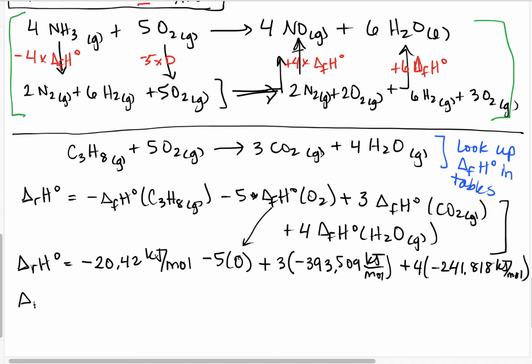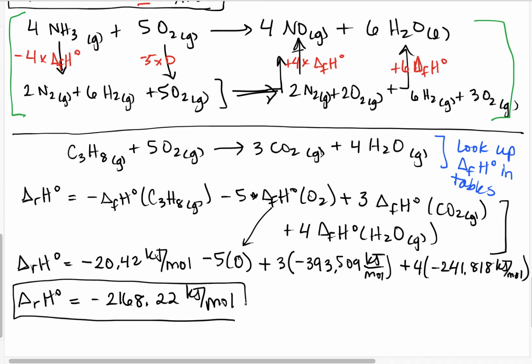So add this all up, and we get -2168.22 kilojoules per mole. That's quite a lot, but that makes sense. This is a combustion reaction, and we can see this is an exothermic reaction.